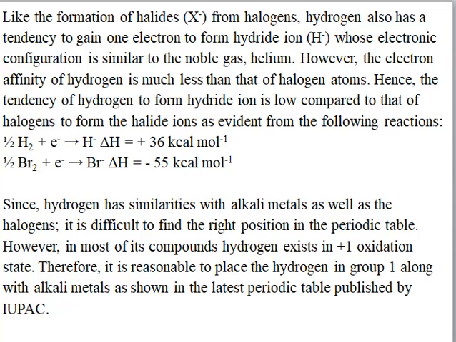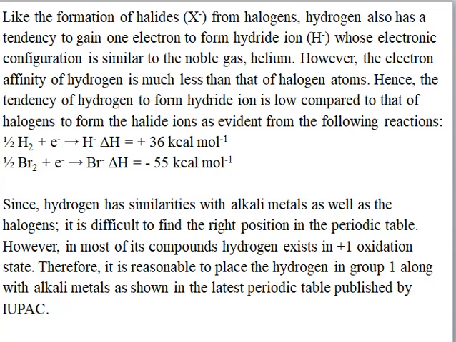However, do you know what electron affinity is? It is the energy released when an electron is accepted by an atom. The electron affinity of hydrogen is much less than that of the halogen atoms. Hence, the tendency of hydrogen to form the hydride ion is low compared to the halogen forming the halide ion.